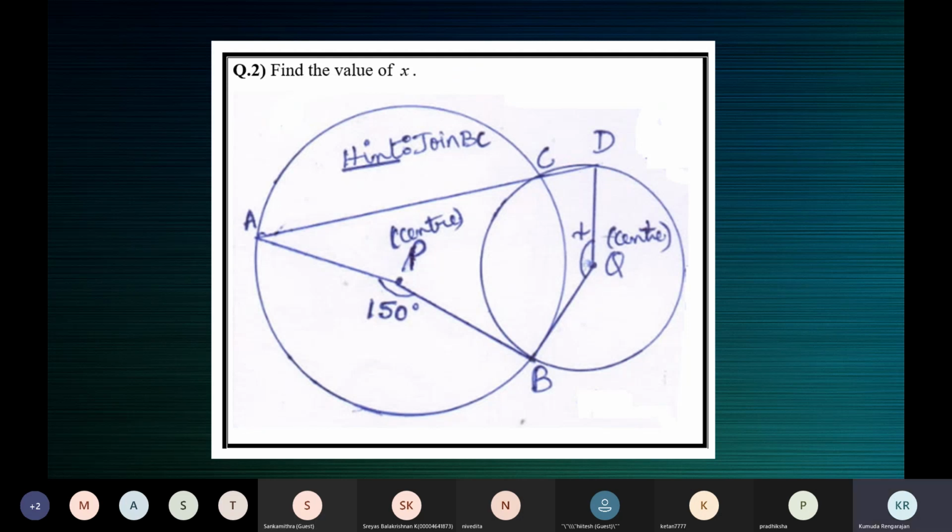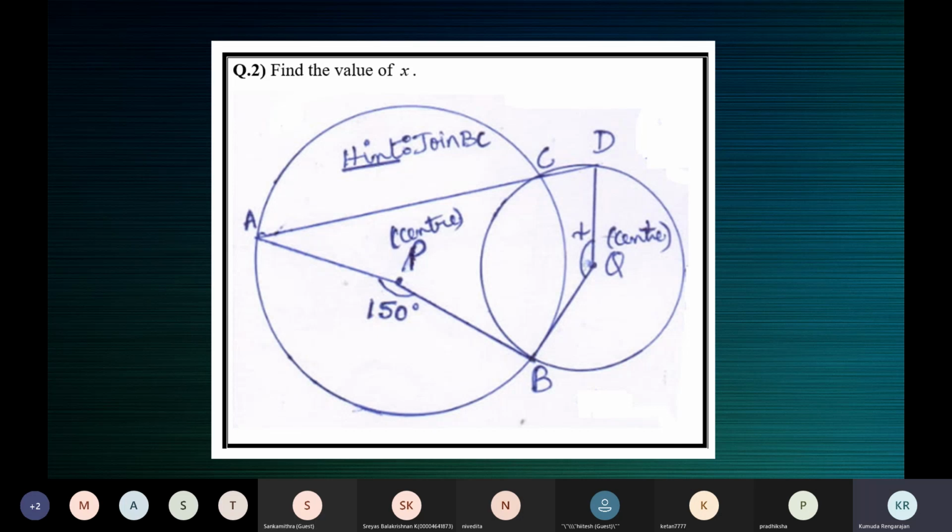All right, children. So here we are given that angle APB is 150 degrees. APB is made by the minor arc AB at the center P. Angle APB is 150 degrees.